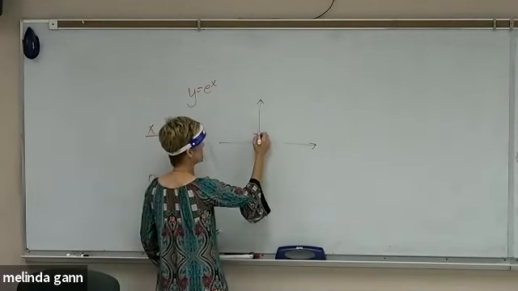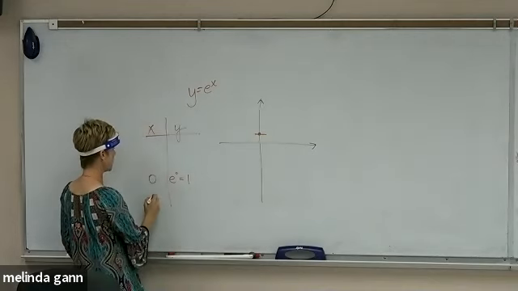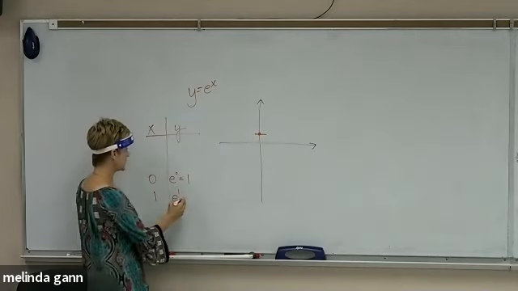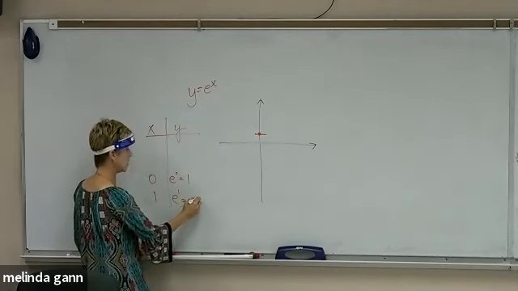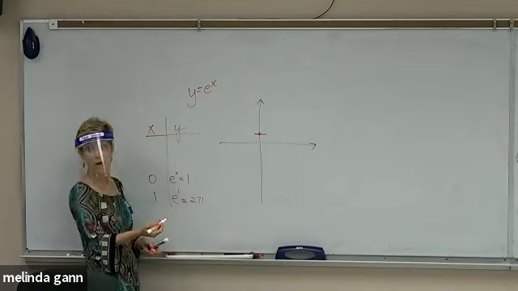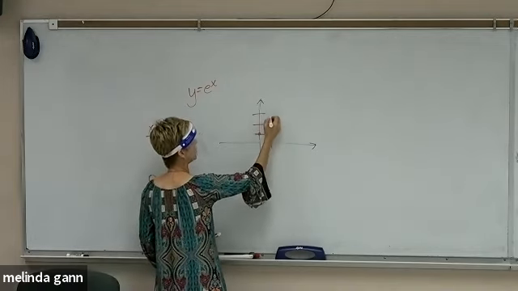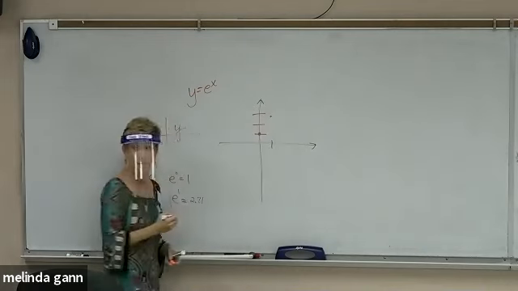So (0, 1) is on my graph. What about a 1? That'd be e to the first, wouldn't it? We've already said that e is about what? 2.71, right? So when I go over 1, I'm not going to quite be up to a 3.